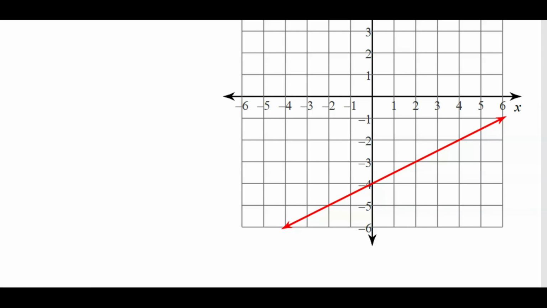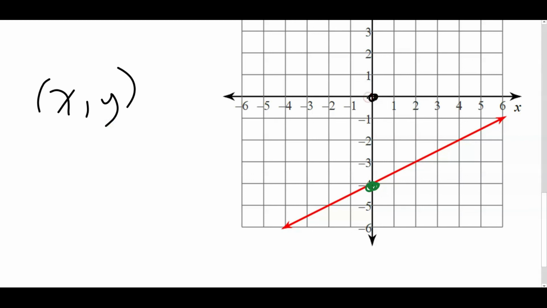All right, now you may also be asked to give the coordinates of the y-intercept. We know just by looking at this graph that it intercepts the y-axis at -4. But how would I write that as an ordered pair? Starting at the origin, I don't go left or right to find the y-intercept.